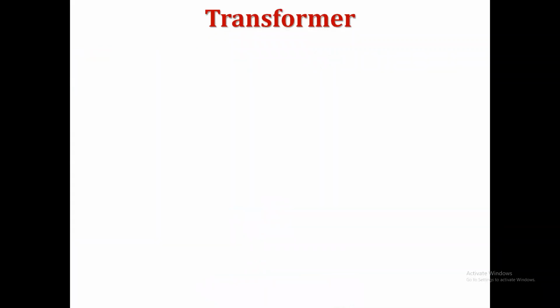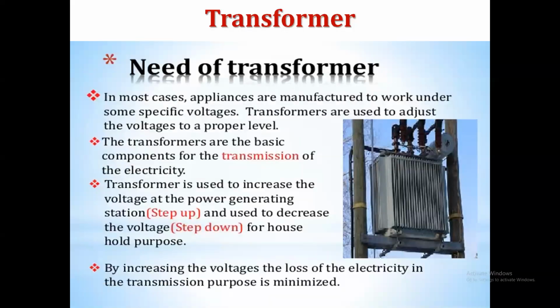So let's see what the need of a transformer is. If you see the picture here, I think you might observe this picture everywhere, in your village, in the town, in the MSB station, and this is nothing but a transformer. This is the basic component in electricity transmission, very helpful for the transmission line.